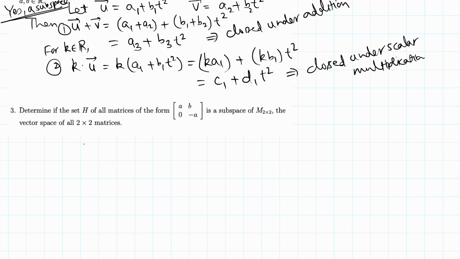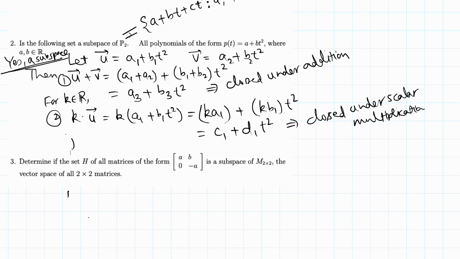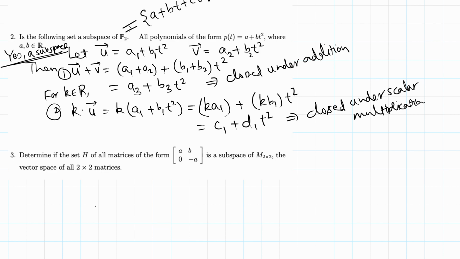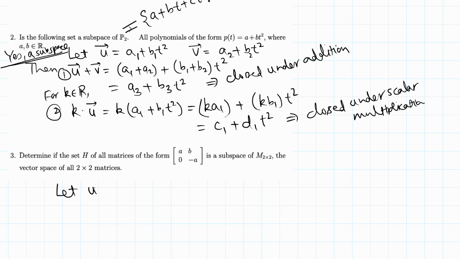If we add these two types, do we get the same thing? It looks like it. So let's see. We can call it H, right? So we take two elements here. Let U be A, B, 0, negative A, and V the same type.